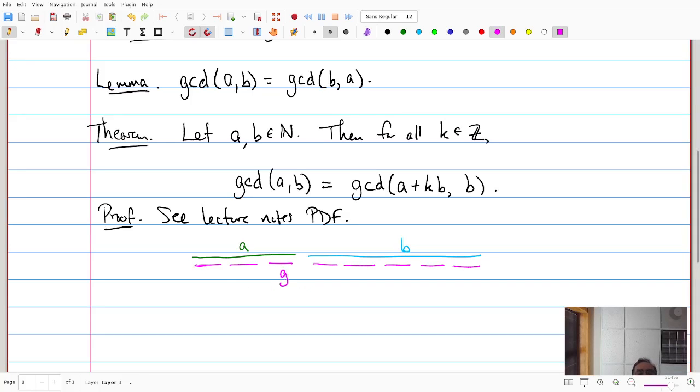I'll call this G. So G, in terms of this picture, is the longest line segment I can make that exactly fills up A with some number of copies, and also exactly fills up B with some number of copies. If I make G any bigger, then I won't be able to exactly fit it into one or the other. And so what would happen if I add them? So like here's A plus B.